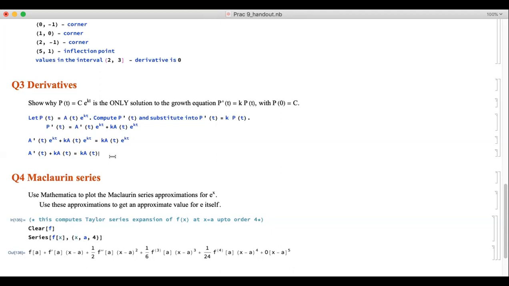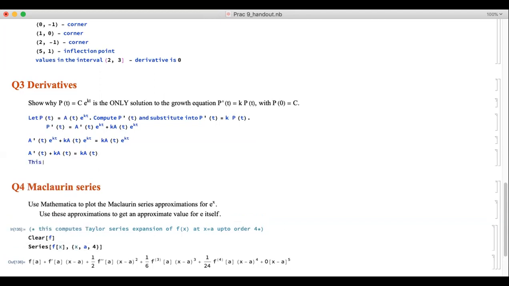Yep, that's very good. This means a dash t must be equal to 0.